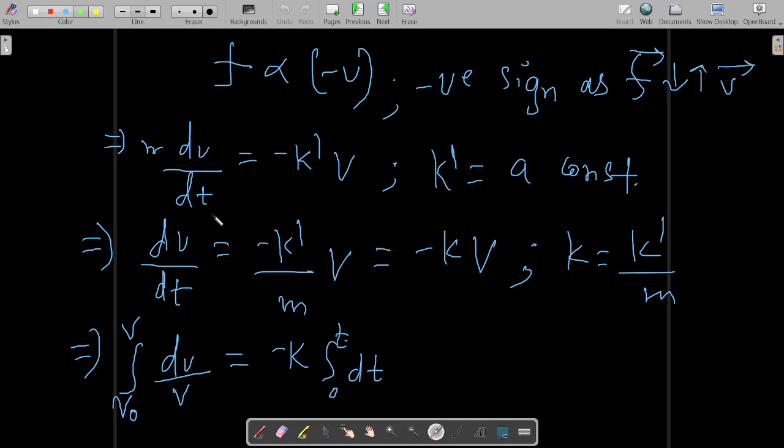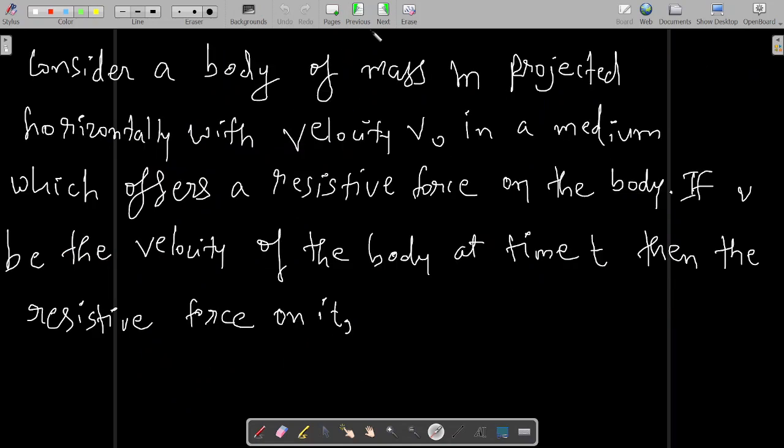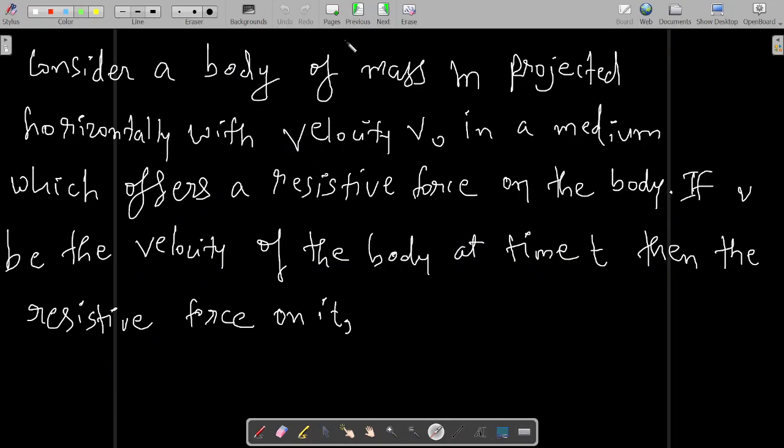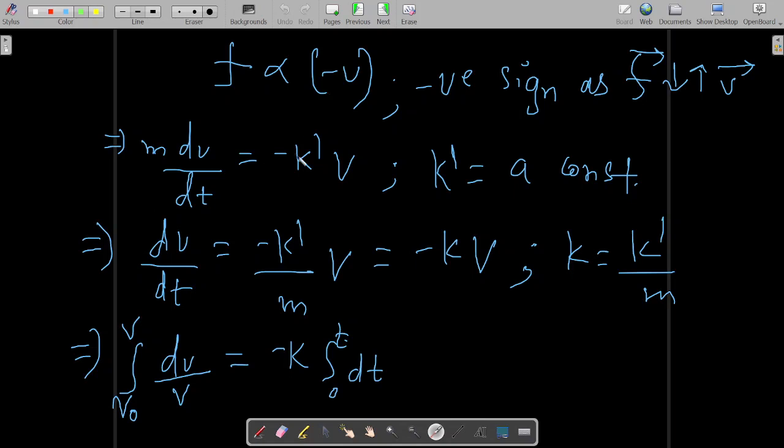Now you know this very well that m is the initial mass of the body. Over here it's not the rocket, it's the body. So the initial mass of the body was m, which is constant, and it will remain constant throughout the motion.